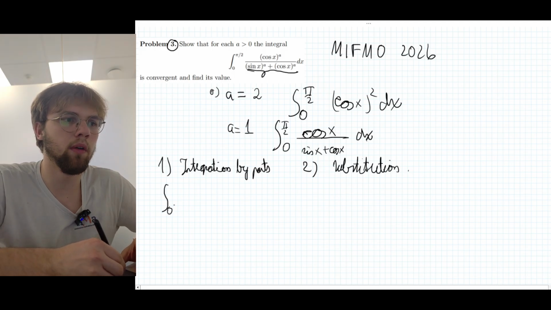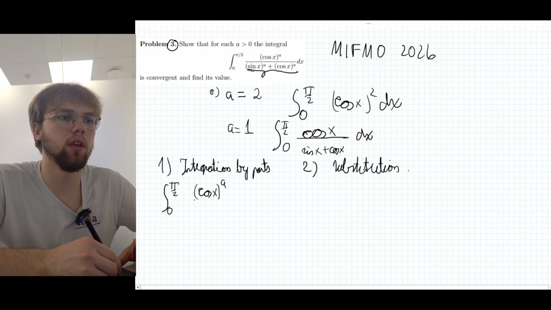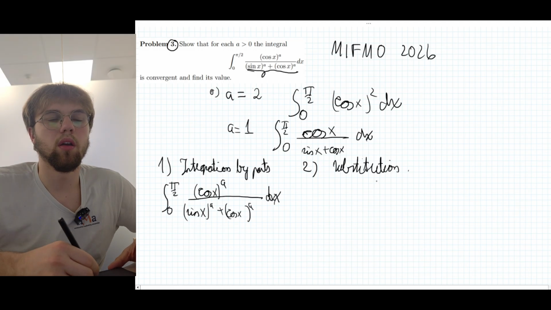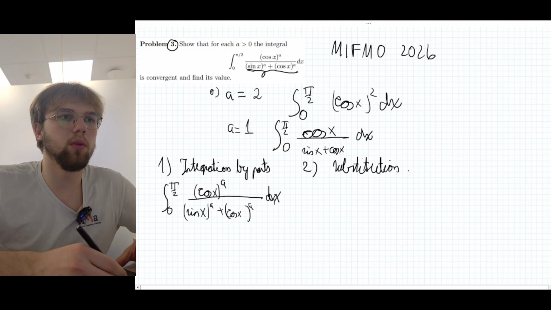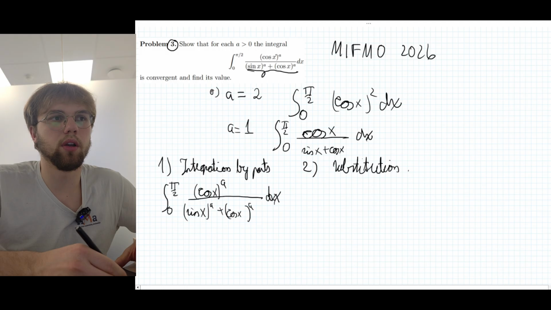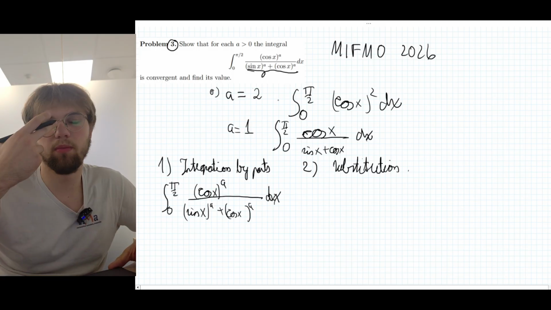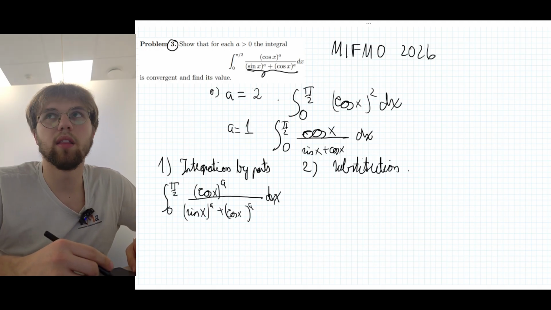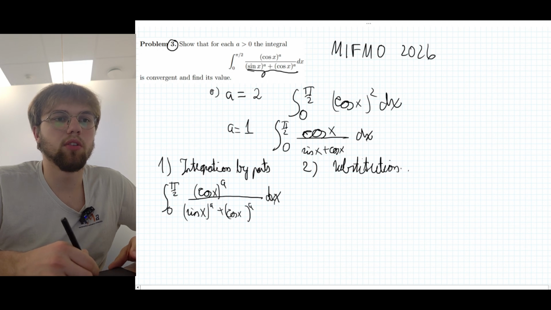So we have this integral, cosine of x to the a divided by sine of x to the a plus cosine of x to the a dx. You can see that this function is periodic, right? Because cosine of x has period 2 pi, this has period 2 pi, this has period 2 pi. So something to do with periods doesn't seem that unlikely here.